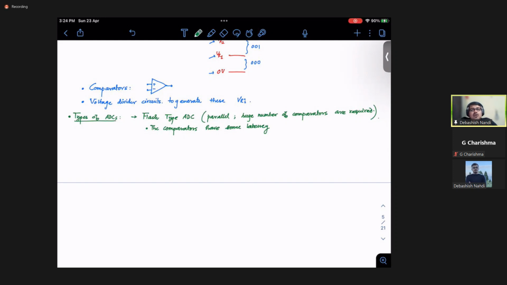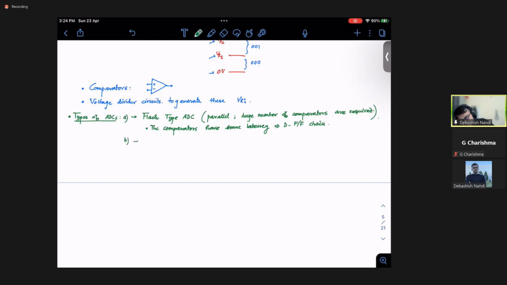This will depend upon the slew rate of your op amp or those kinds of metrics, right? So to avoid that, you also need some D flip-flop networks, a D flip-flop chain. So this is one kind.